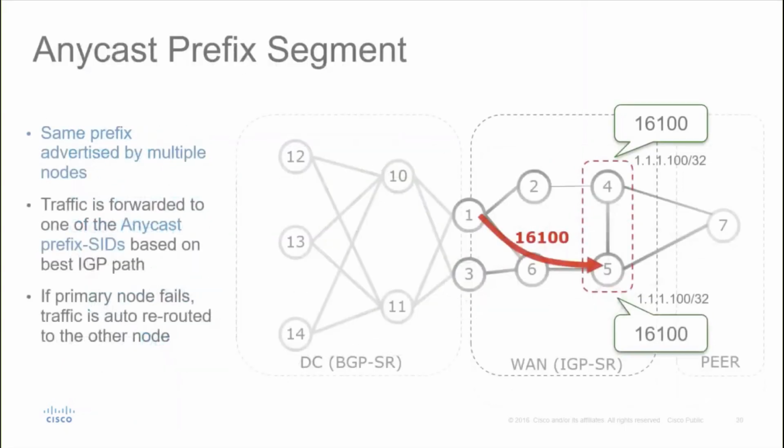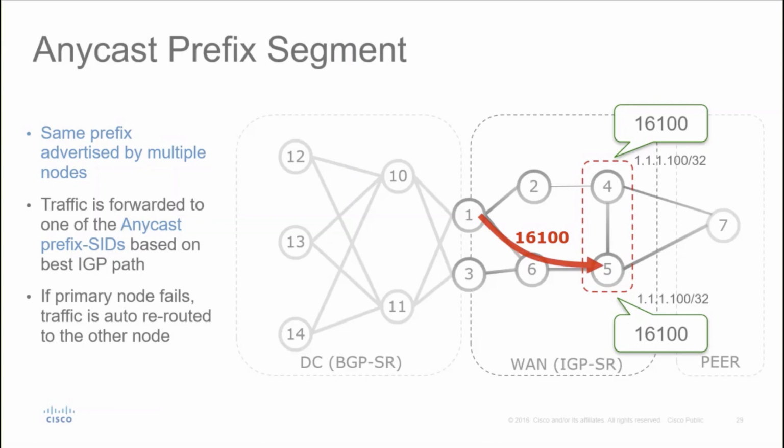Obviously, if node number 5 were to go away, the IGP will inherently have in its database the fact that node number 4 also advertises this prefix with the label, so the traffic will inherently also go to 4. What happens if I am at the same distance between 4 and 5 from the perspective of 1? Well, then the router will load balance traffic towards 4 and 5. That's your Anycast segment.